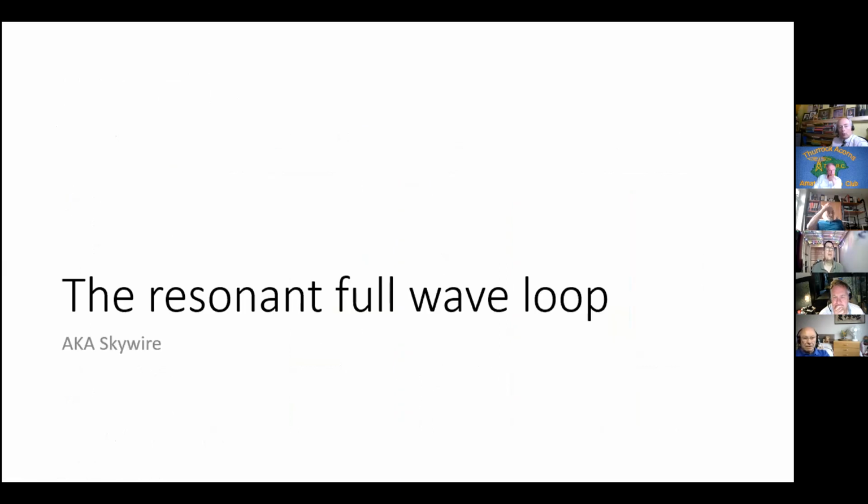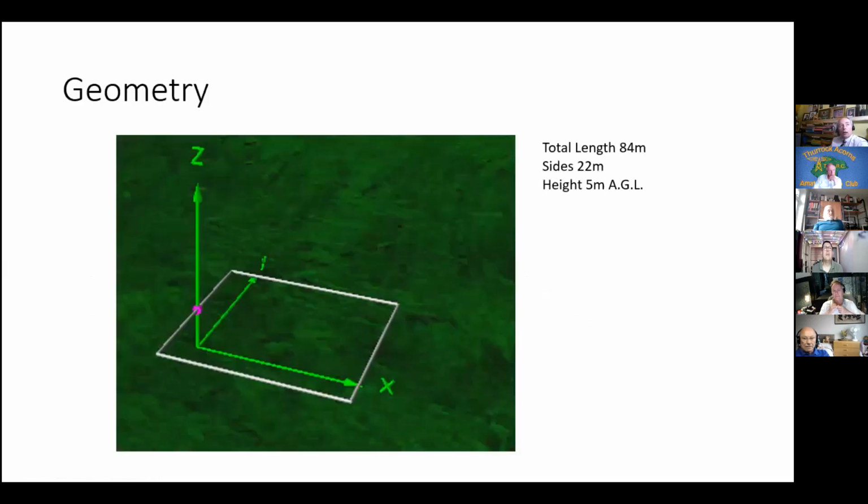The last one I want to look at tonight is the resonant full wave loop, which was done by special request. This is a fairly simple antenna. It's fed from the middle of one side.